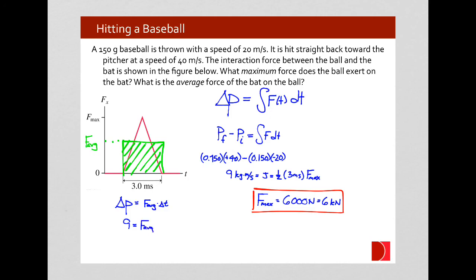And we know that the change in time is 3 milliseconds. Looking at the graph, the width of the curve, and thus the average value of the force is 3,000 newtons, or 3 kilonewtons.